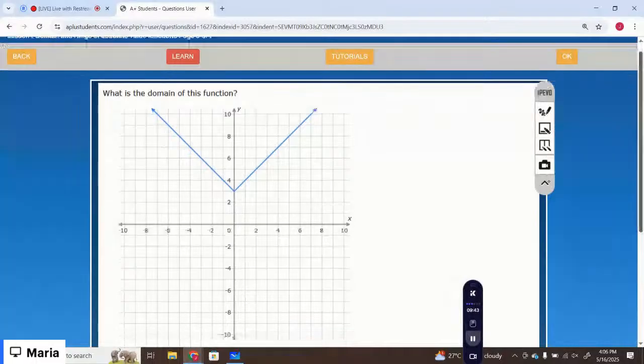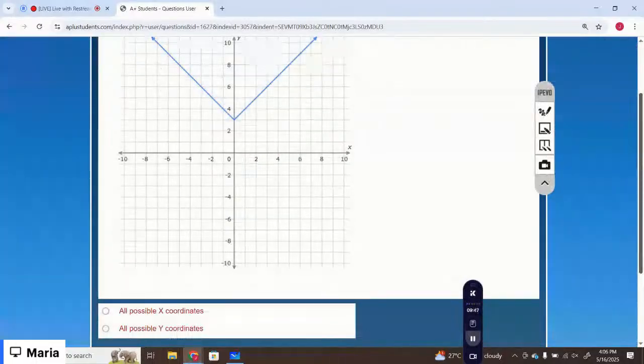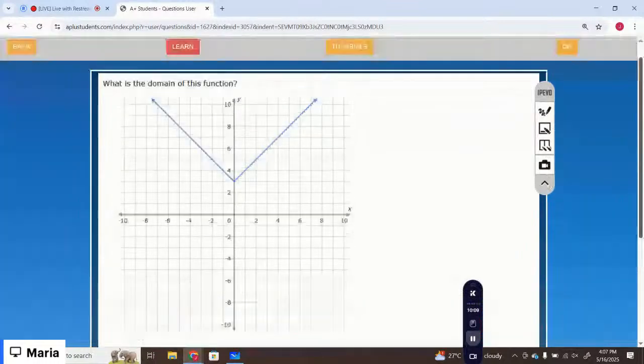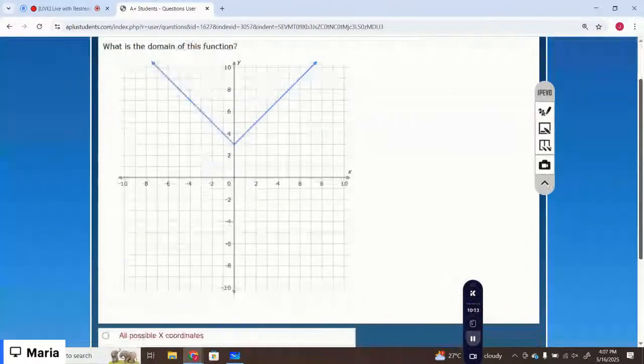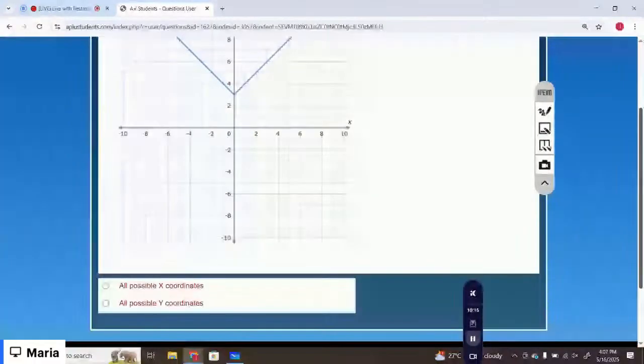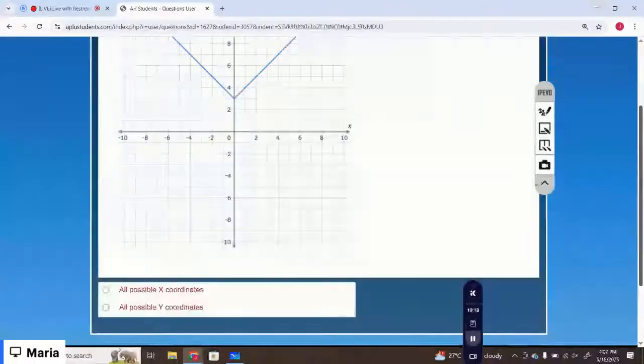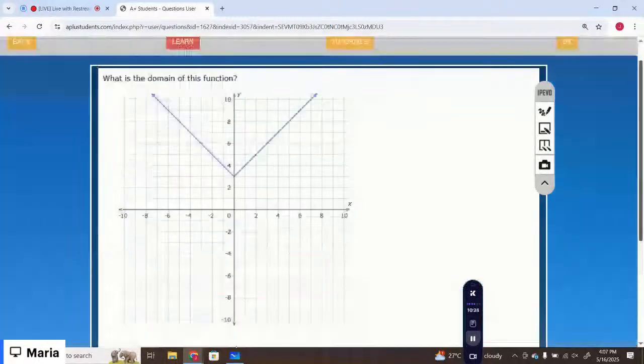What is the domain of the function? The correct option is that all possible x coordinates. Option number three.